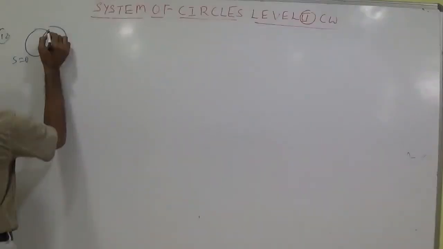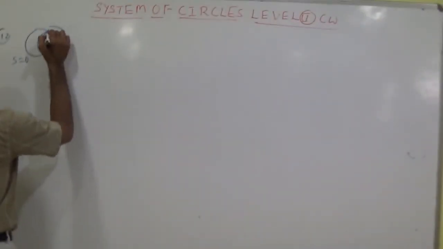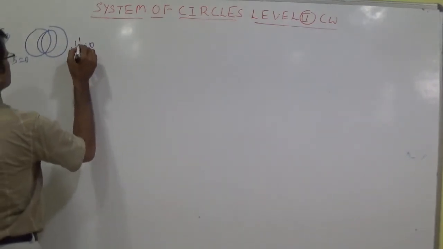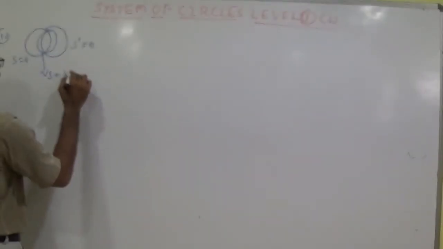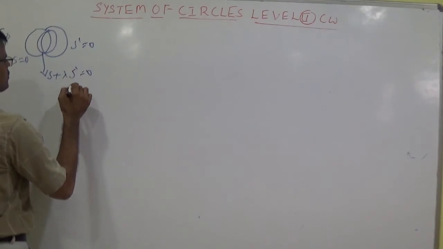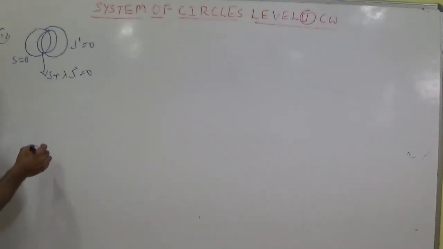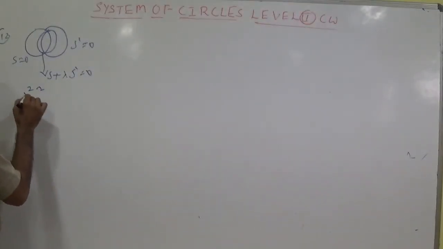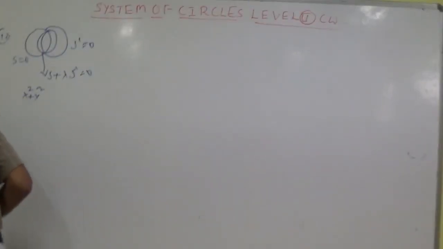This is S equal to 0, this is S dash equal to 0. The required circle passing through the point of intersection of the two circles S equal to 0 and S dash equal to 0 is S plus lambda S dash equal to 0.